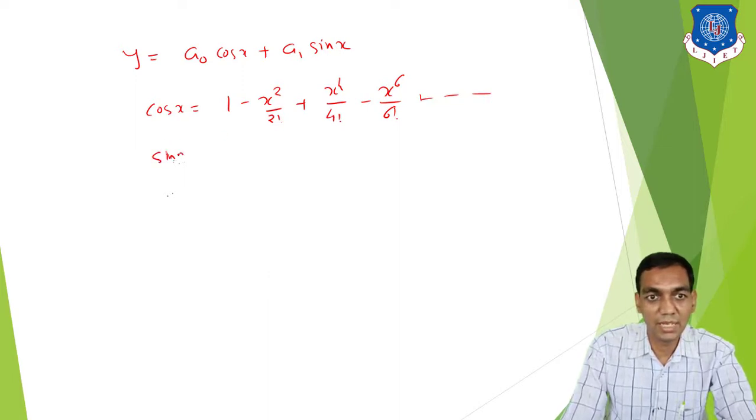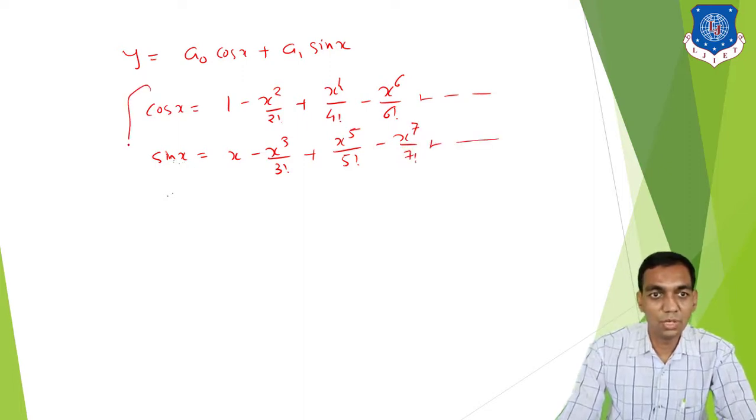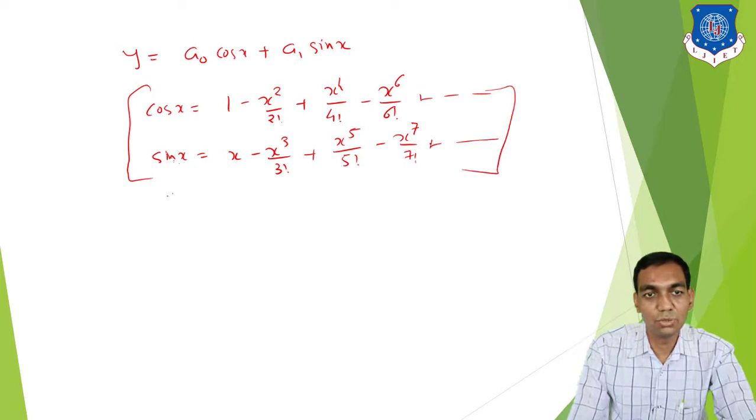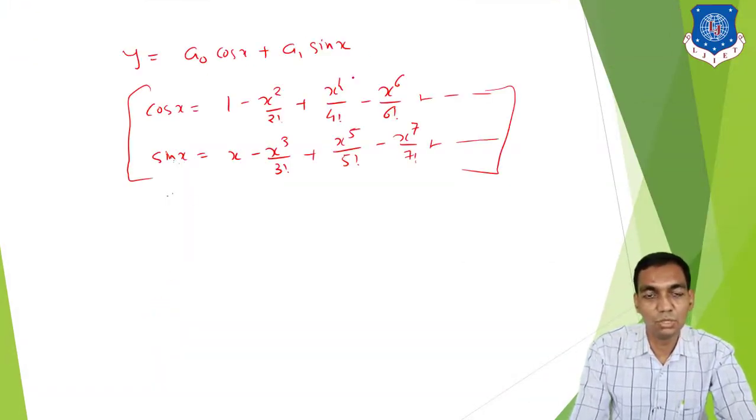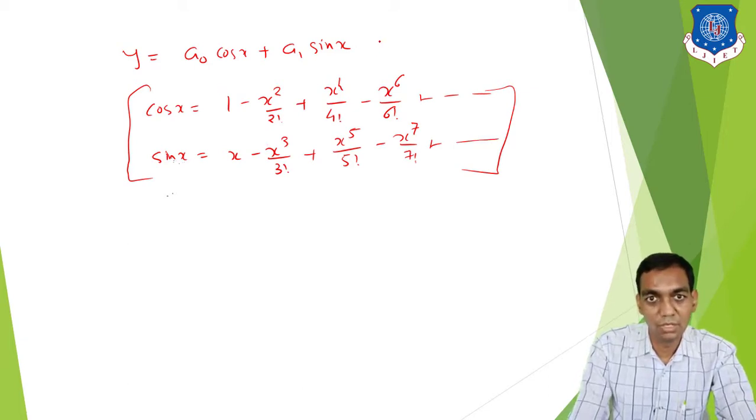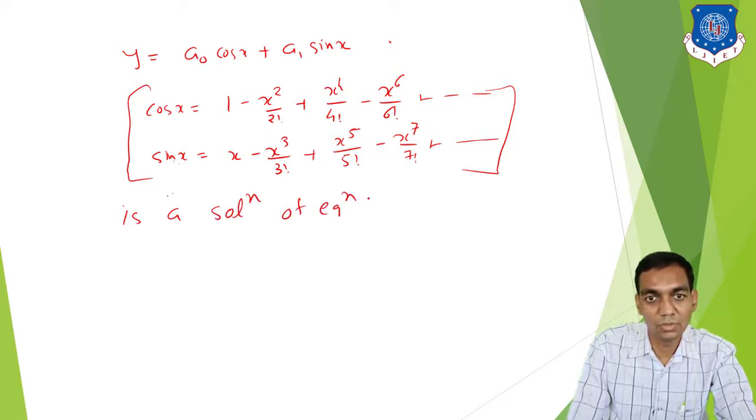In the same manner sin x has a series x minus x cube by 3 factorial plus x raised to 5 by 5 factorial minus x raised to 7 by 7 factorial. If you are not aware of this series, then you can also put your answer in this form, and it is okay. So this is the y, and this is a solution of equation 1.